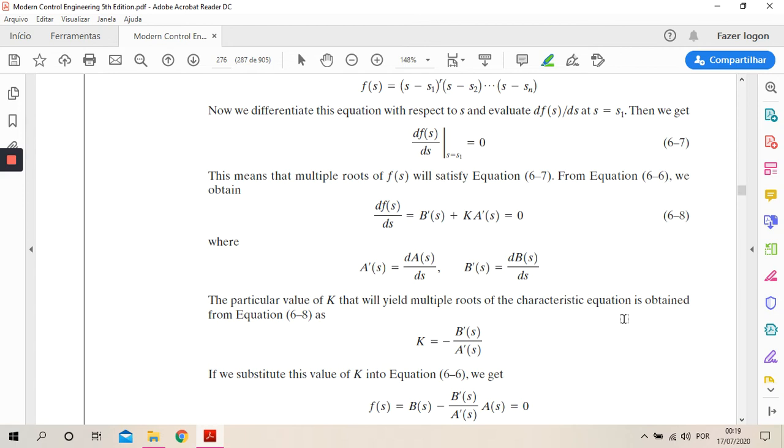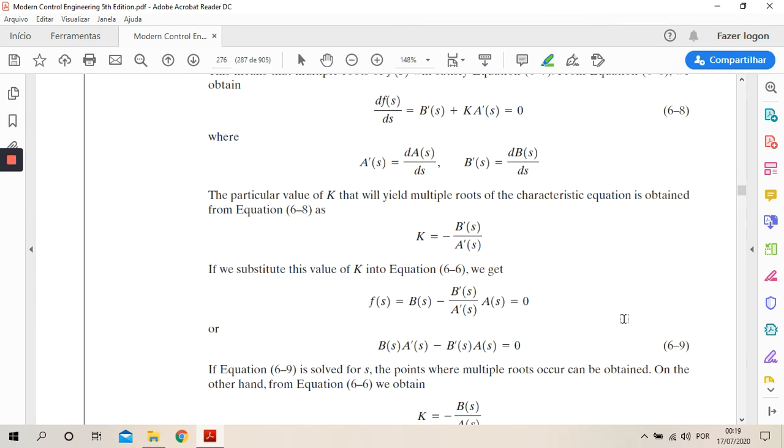From equation 6-6, we obtain that the derivative of the function with respect to s is the derivative of b of s, which is b prime of s, plus k times a prime of s equal to 0, and then we find these expressions for a prime of s and b prime of s.